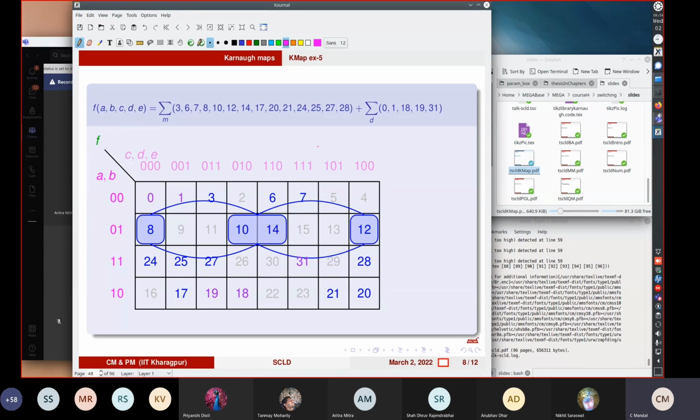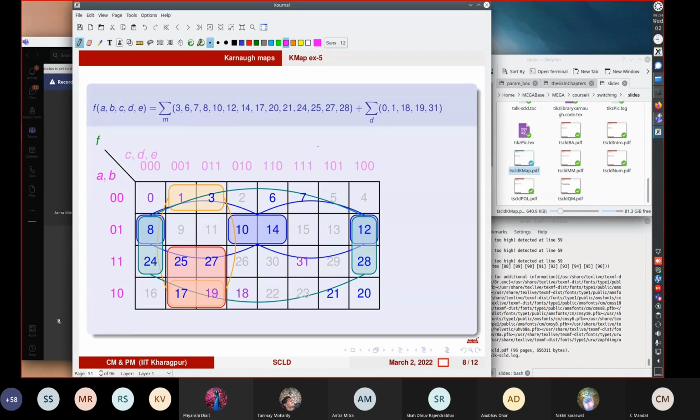So this particular cube only has care terms. But now if you look at this one, there the don't care terms are helping you to expand that cube. All right. This one, of course, is built only with the care terms.